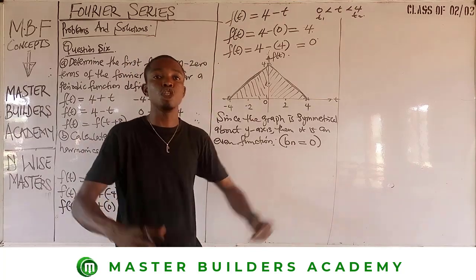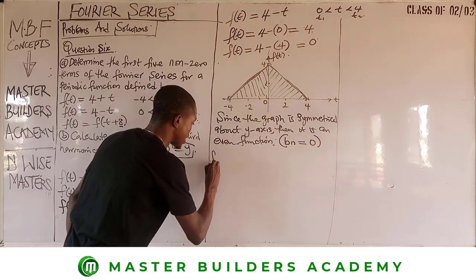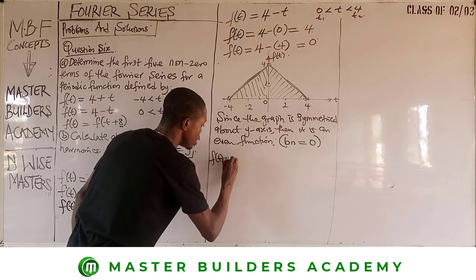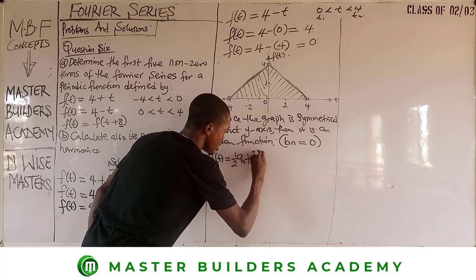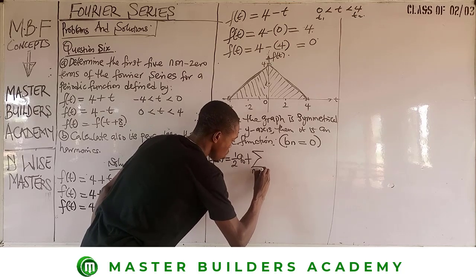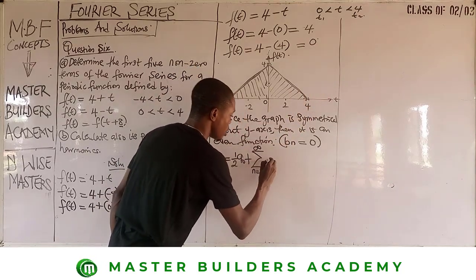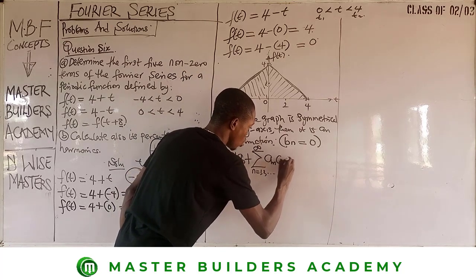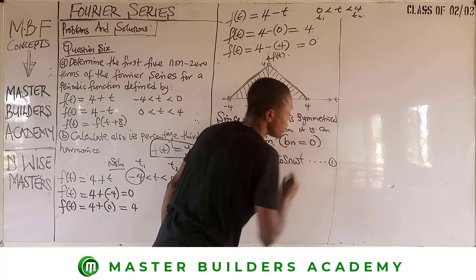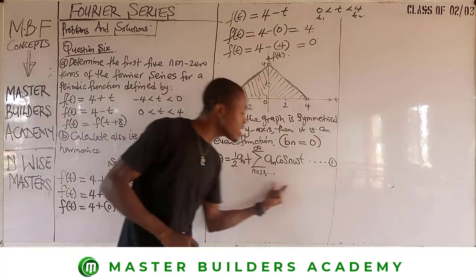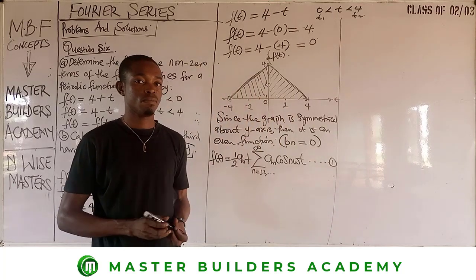So what you need to do now is to state equation 2. In that equation 2, we mentioned that f of t is given as 1 over 2 a naught plus sigma n equal to 1, 2, 3, 4, to infinity, a n cos n omega t.